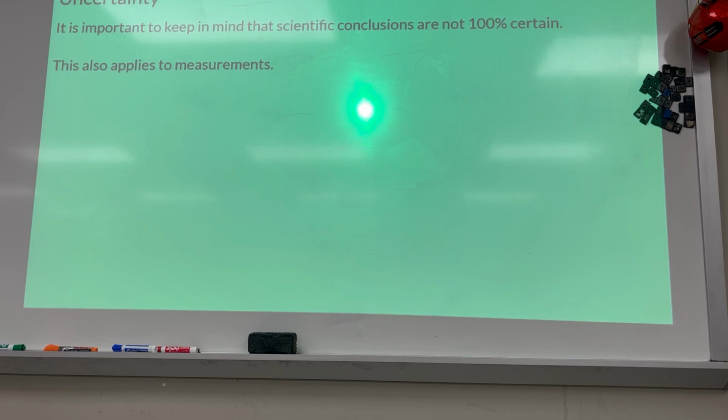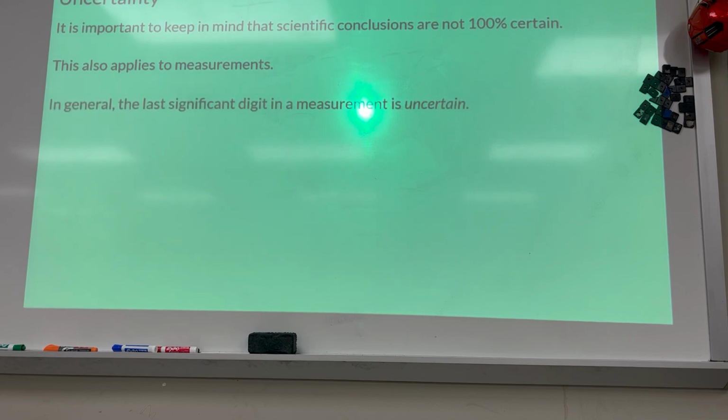As a general rule of thumb, whenever we measure something in the lab, the last digit is a digit that we estimated. So if you're using a graduated cylinder or a ruler or even a thermometer with graduations on it, you want to measure to the smallest graduation that you're given, but then you also want to estimate one more decimal place.